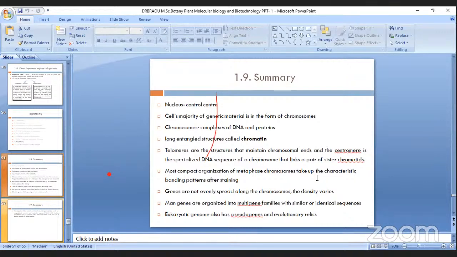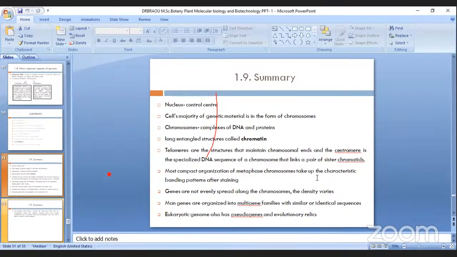Genes are not evenly spread along the chromosomes; the density varies along the length of the chromosome. The genes are organized into multi-gene families with similar or identical sequences.